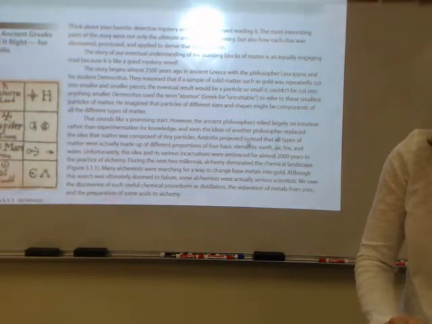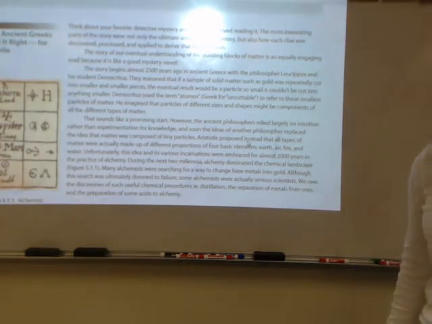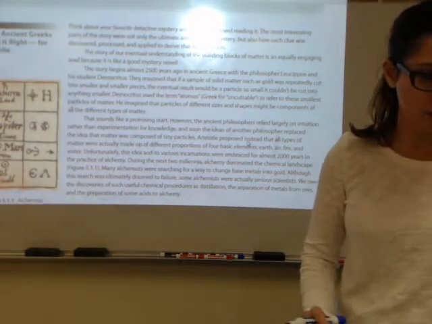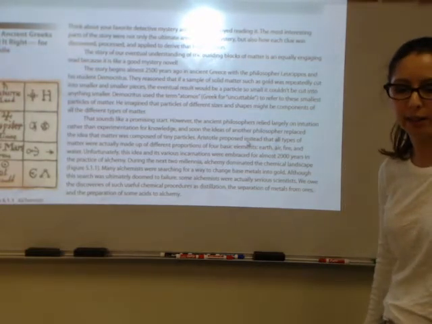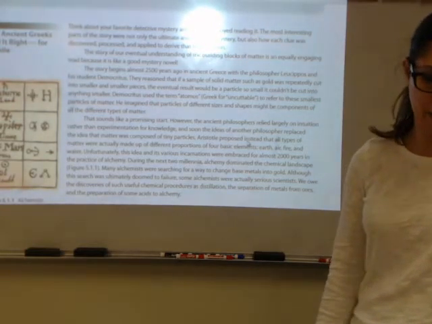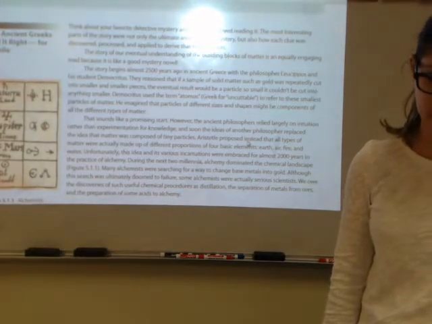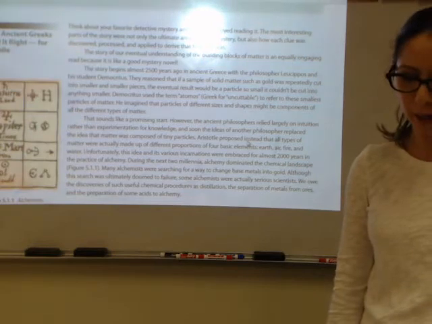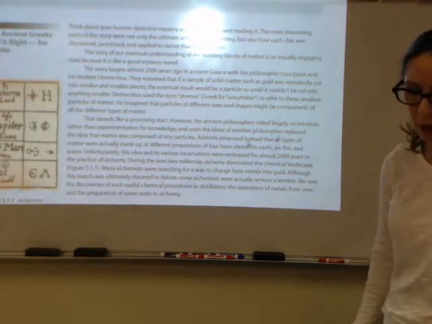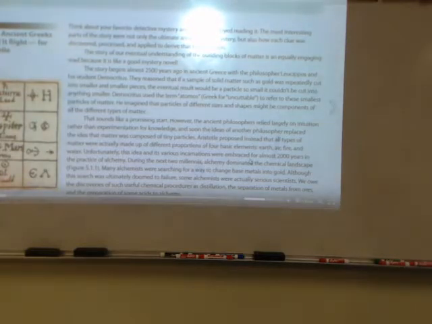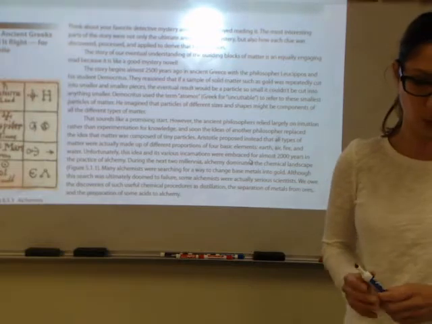The student was Democritus, and they reasoned that if a sample of matter could repeatedly be cut into smaller and smaller pieces, the result would be a particle so small that we couldn't cut it anymore. And Democritus termed this an atomos, which is Greek for uncuttable, and we use that to refer to the smallest particles of matter.